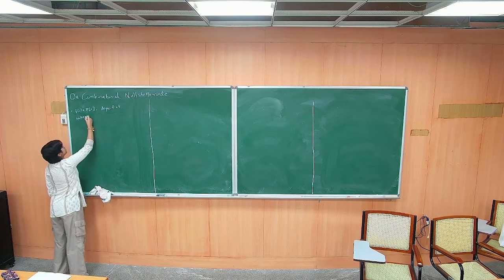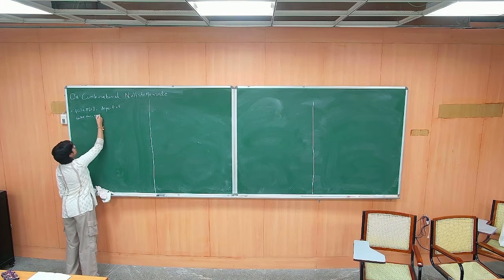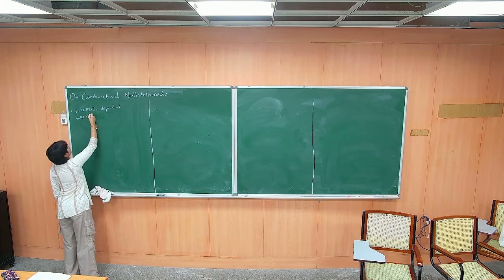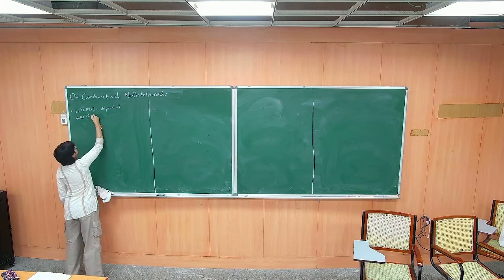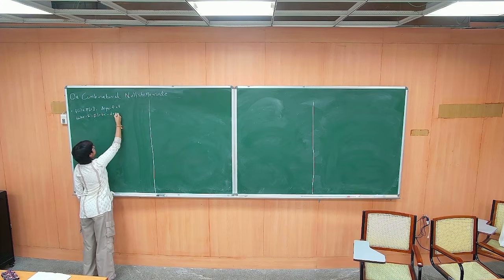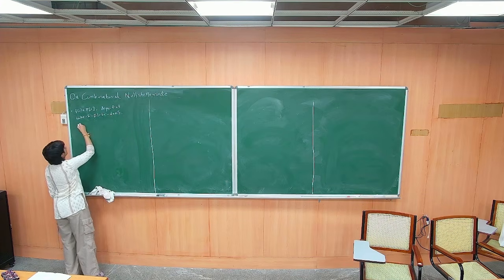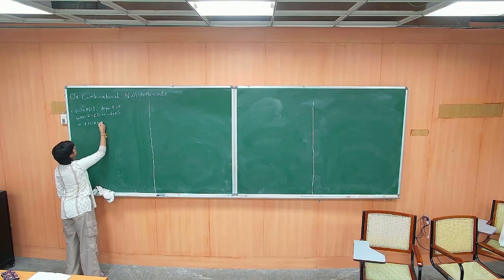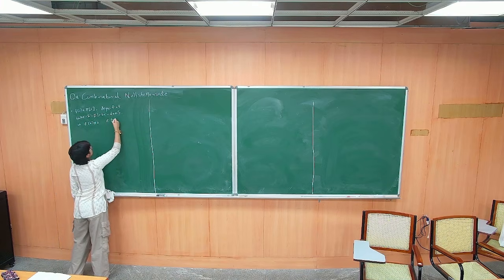So take a set S such that the size of S is t plus 1. Then there exists an element a in S such that f of a is not 0, if f is not 0.